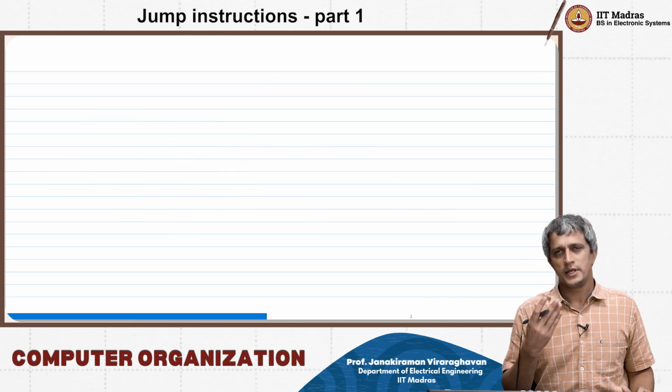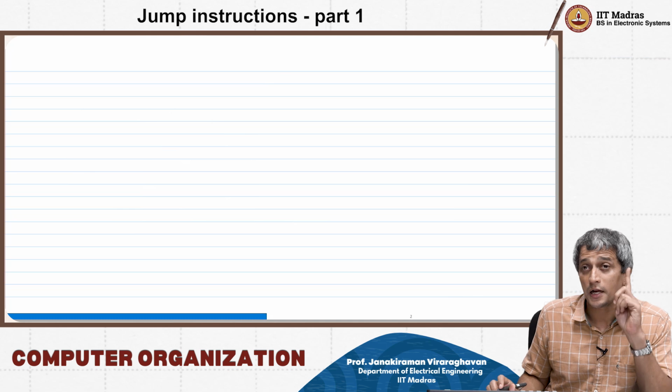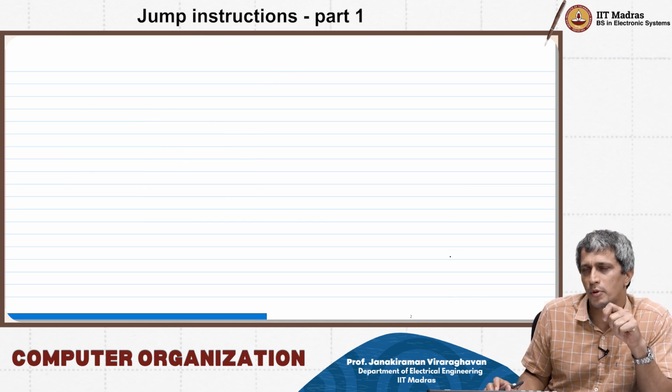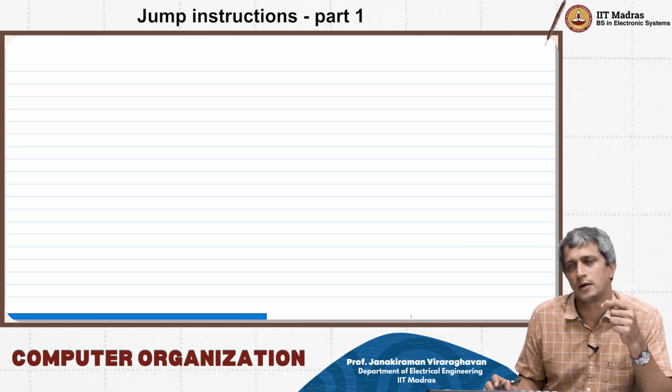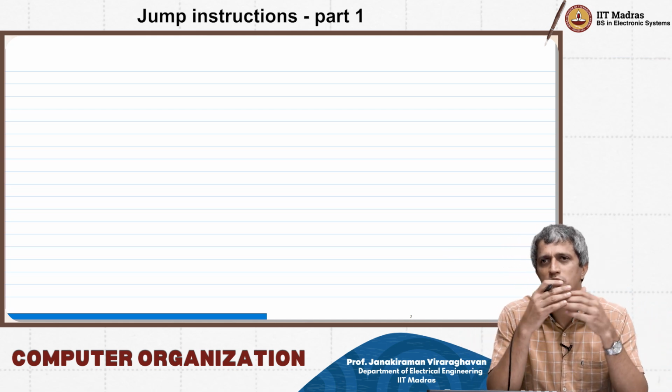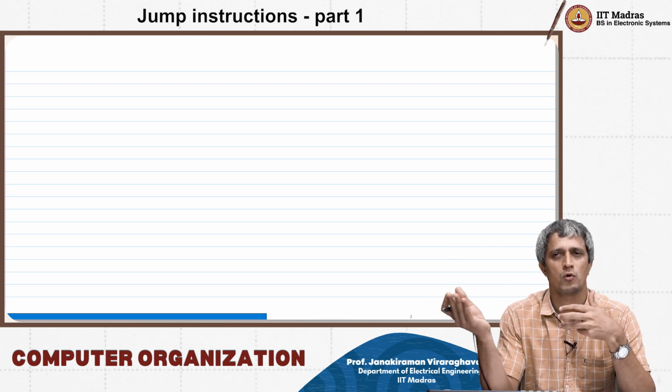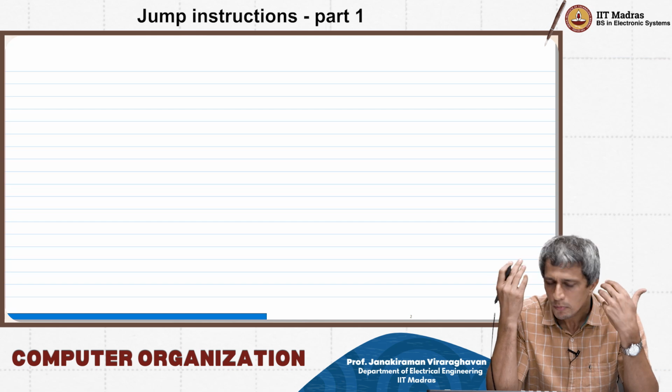Now in the earlier case, it was an unconditional jump. But many a time, if you remember in C programs, you would use for i equal to 0, i less than 10, or if i less than or equal to 10, you would have some condition.